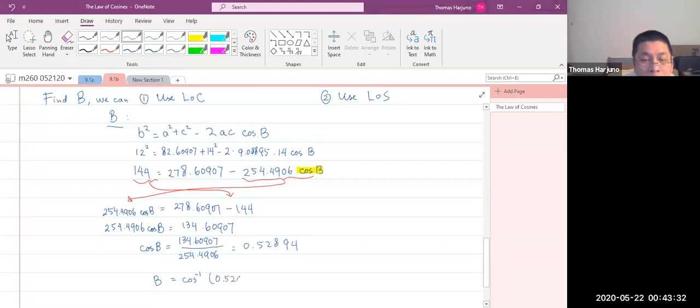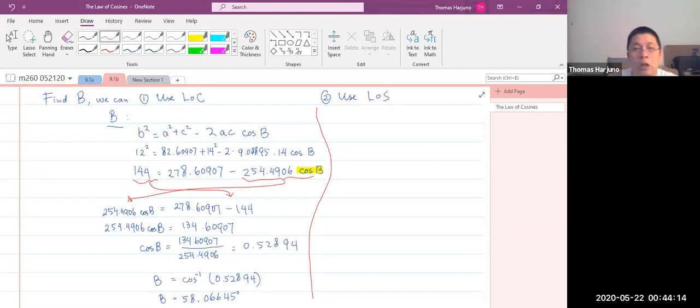I will still use the number I have on my calculator, which is 935 something. And that gives me B equals 58.06645 degrees. That's if we use law of cosine.